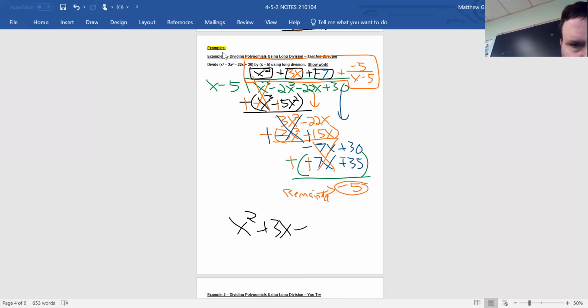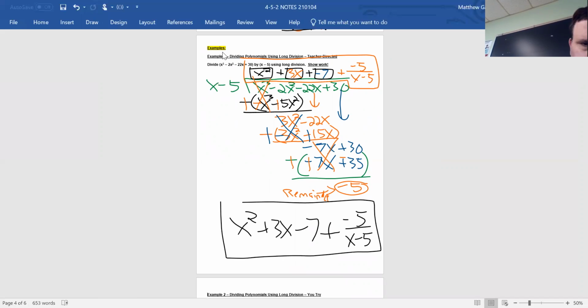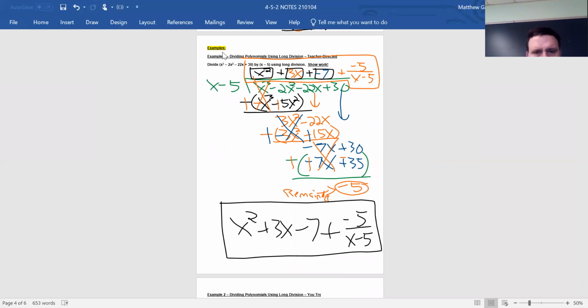So plus negative 7, just write it as minus 7. Now the remainder always gets a plus here. And I didn't write that into the notes. I probably should. Okay, so that's how you write your quotient.